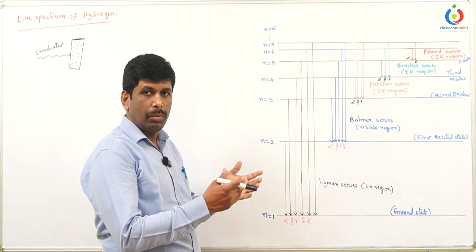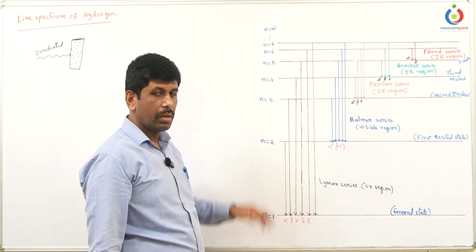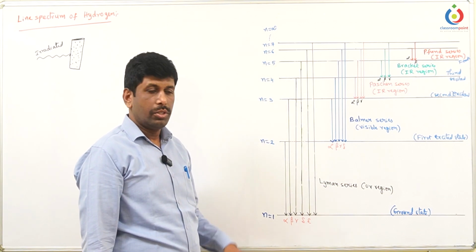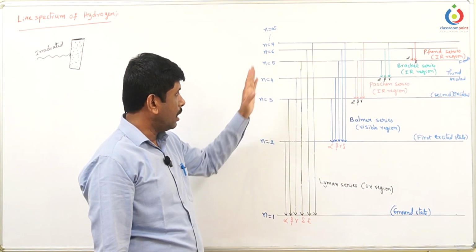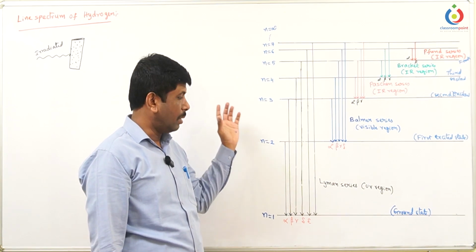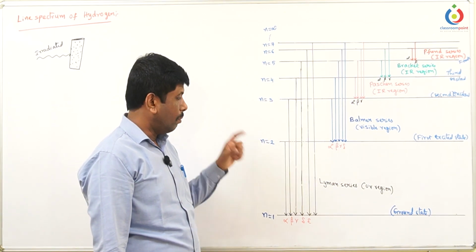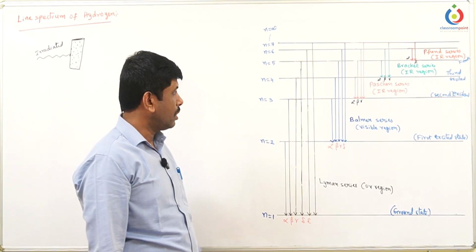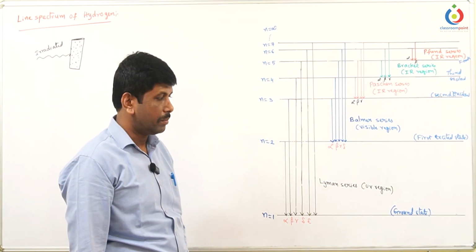If it absorbs a little more energy, it goes to the third orbit. Even more, it goes to the fourth, fifth and sixth, like that. The more energy it absorbs, the more distance it travels, so it goes to even higher energy states.